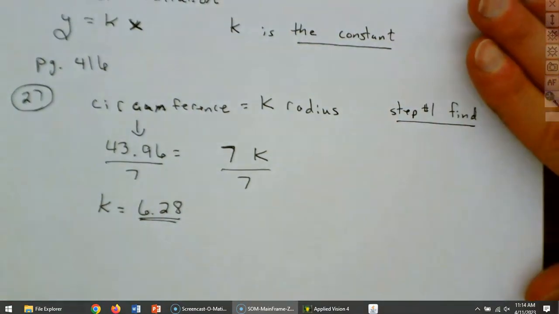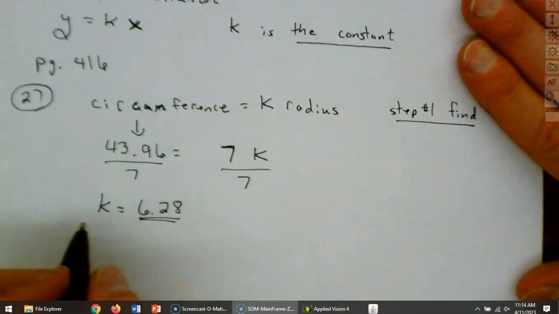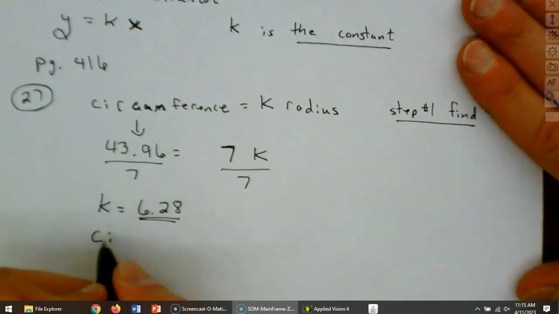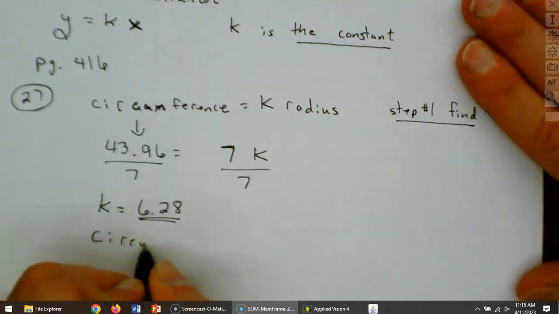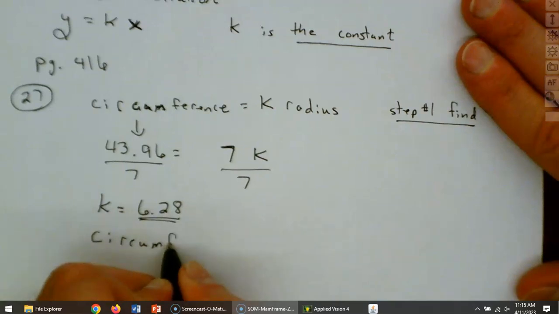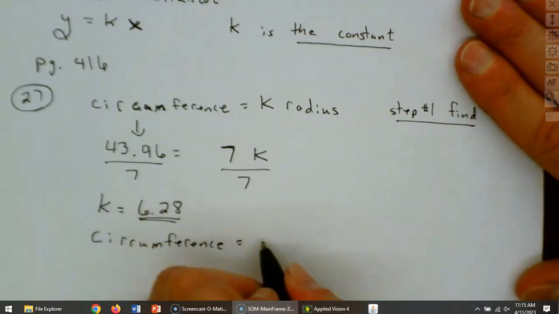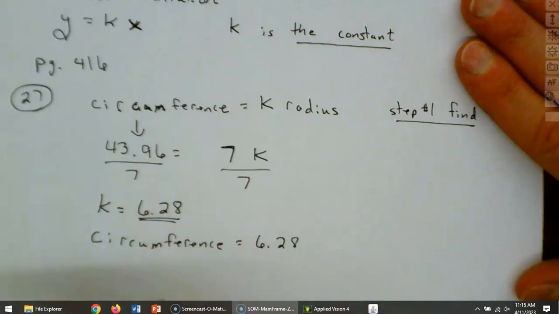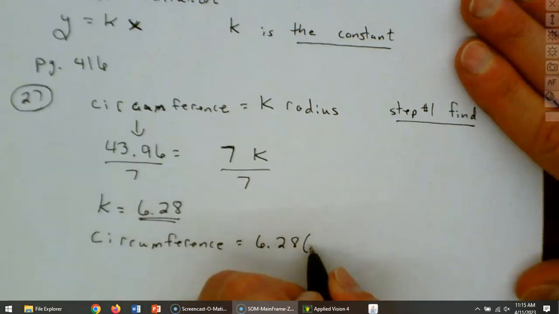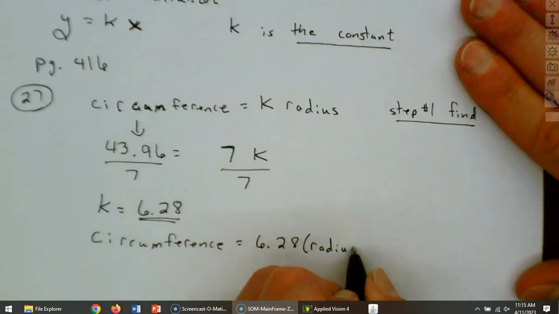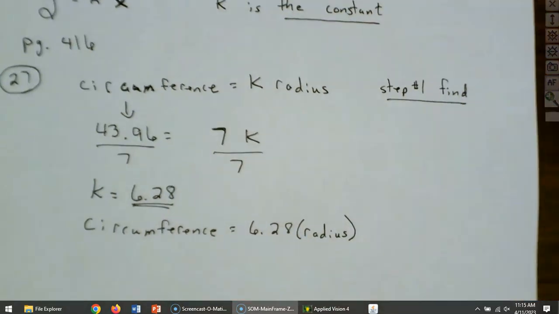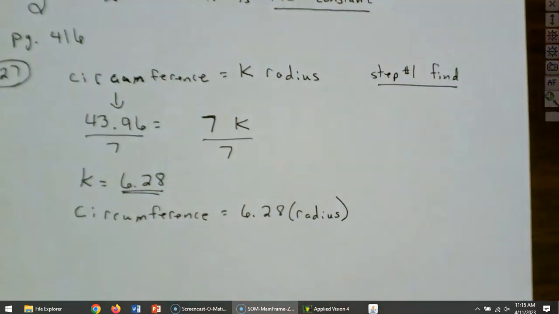And what does our formula look like now? Well, our new formula now is the circumference equals 6.28 times the radius. So that's our formula. And we'll talk here in a moment about that 6.28.